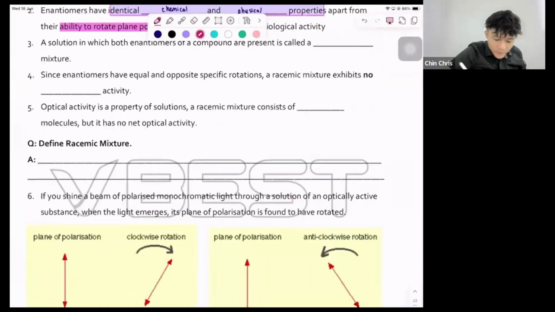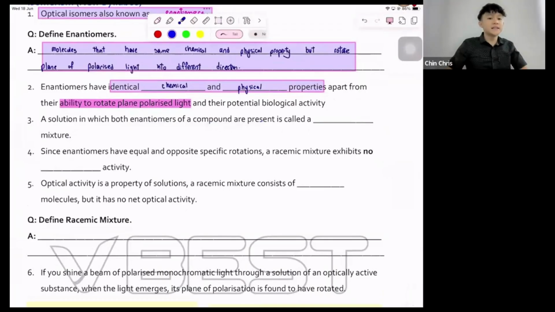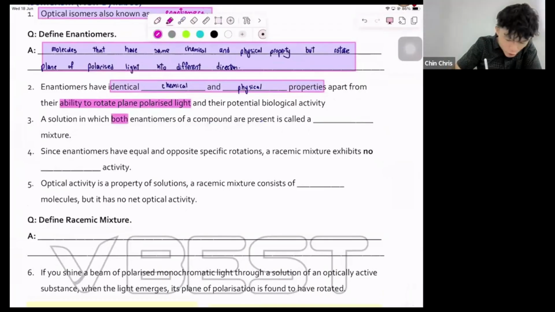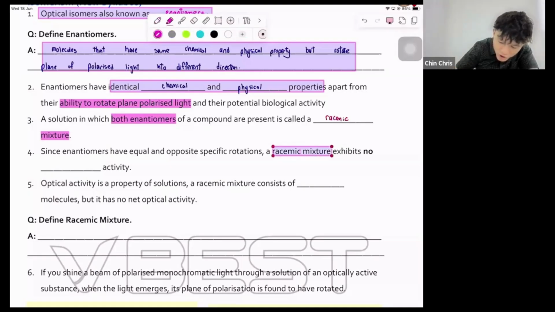Is it a solution in which both enantiomers of the compound are present? If both enantiomers of the compound are present, we call it a racemic mixture, correct? Since enantiomers have equal and opposite specific rotation, a racemic mixture, highlight this word, racemic mixture, shows no optical activity.